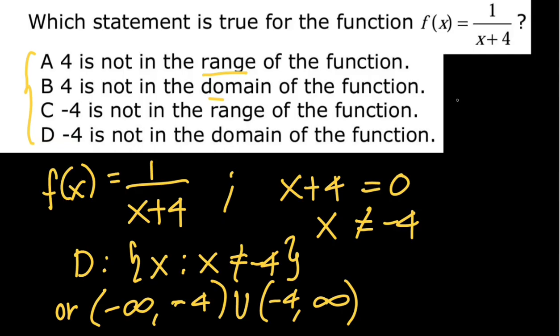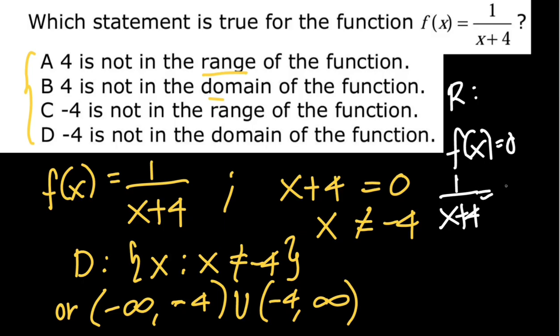And now for the range. Okay, the range: f of x equals 0. So we'd have 1 over x plus 4 equals 0. And this is impossible since the numerator is always 1. So y equals 0 is not in the range.